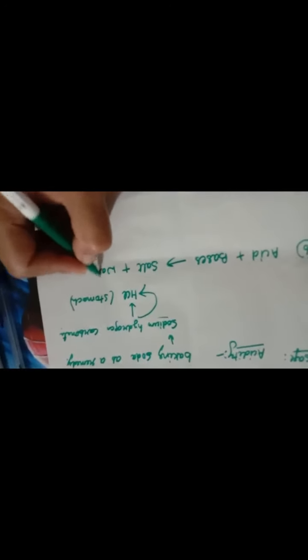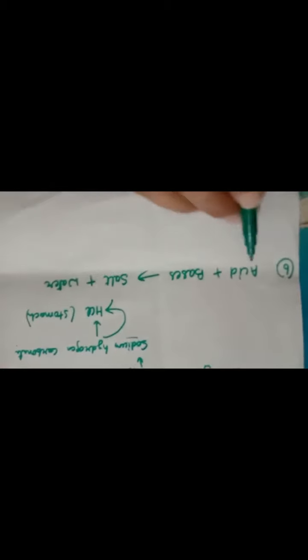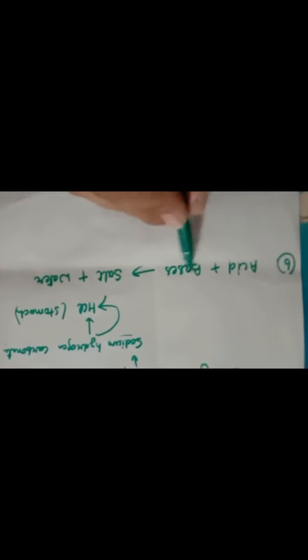So next, sixth topic is acids react with bases to form salt and water. So these acid and bases always mix with each other, neutralizing each other's effect to form salt and water.